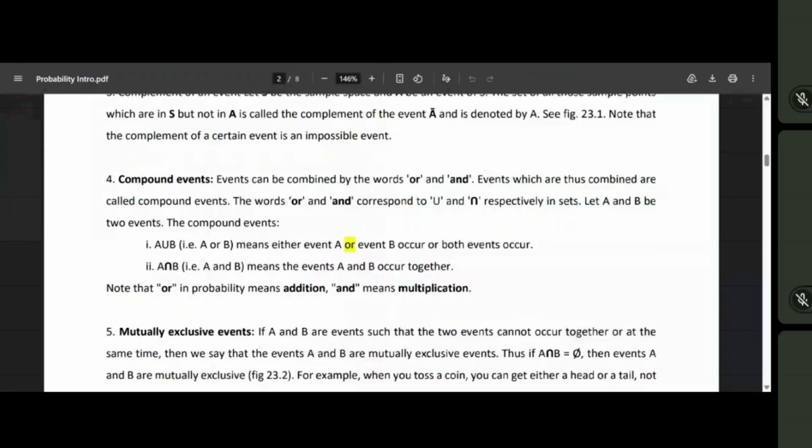This same thing, you can use the union, sorry, not universal set, union. When we say A union B, the union is representing or, which is also telling you that you are adding. When you see union, you are adding.